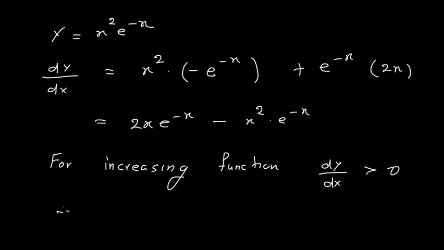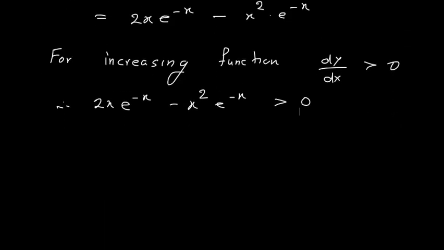So therefore, we have 2x into e power minus x minus x square into e power minus x, and it should be greater than 0. So I will take x e power minus x common. Inside the bracket I have 2 minus x. This should be greater than 0.